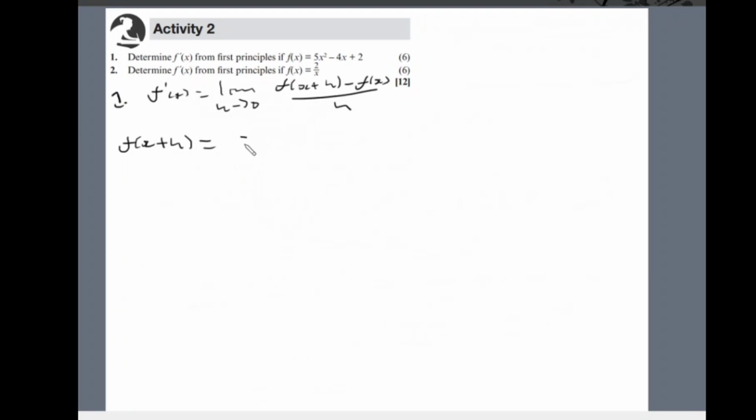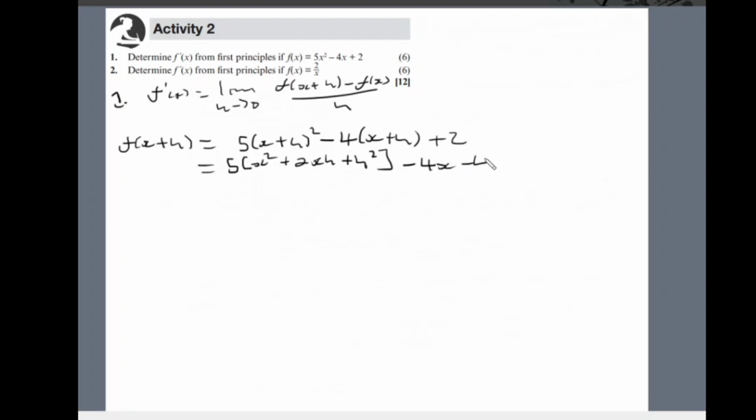So I'll have 5 times (x plus h) squared minus 4 times (x plus h) plus 2, right? And then now I simplify. Here I'll have 5 times (x squared plus 2xh plus h squared) minus 4x minus 4h plus 2, okay?